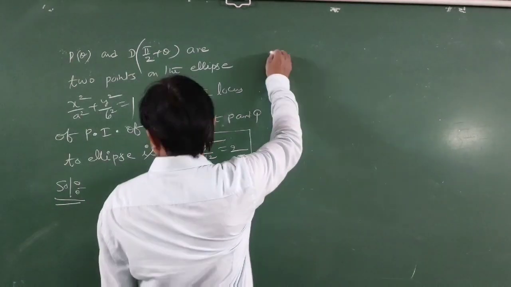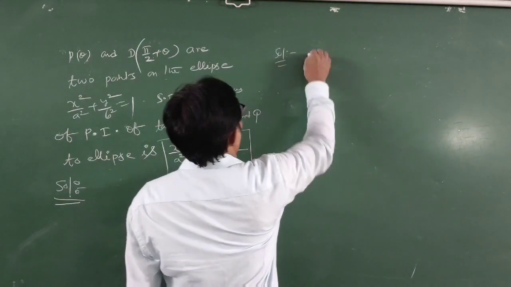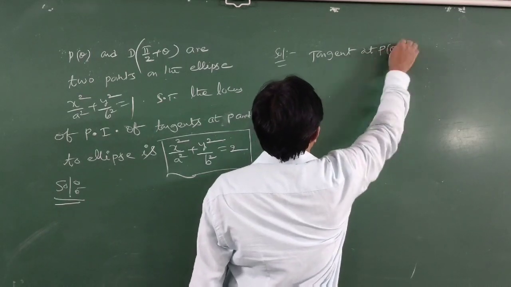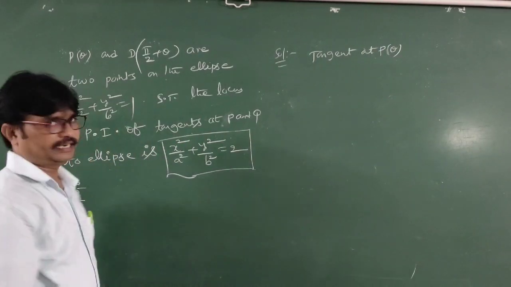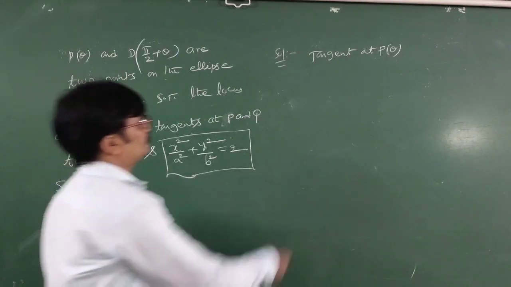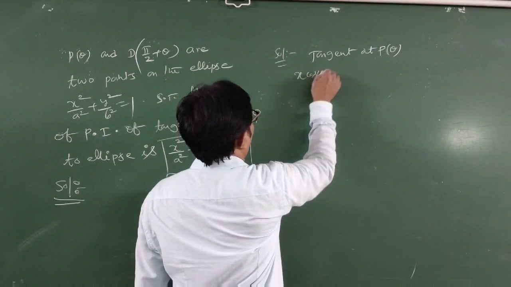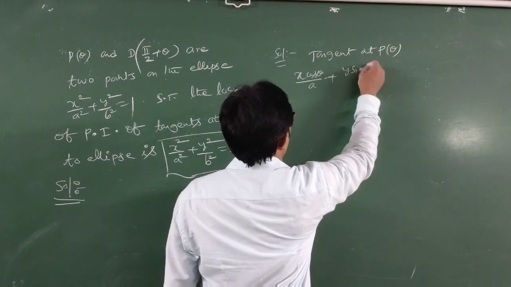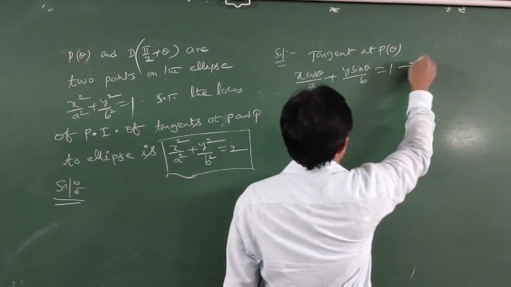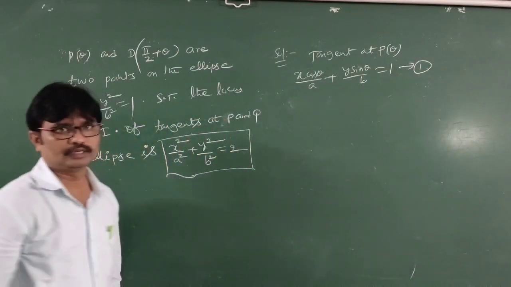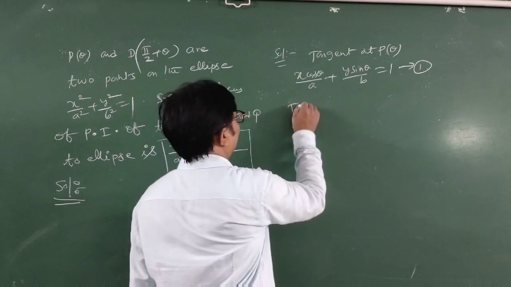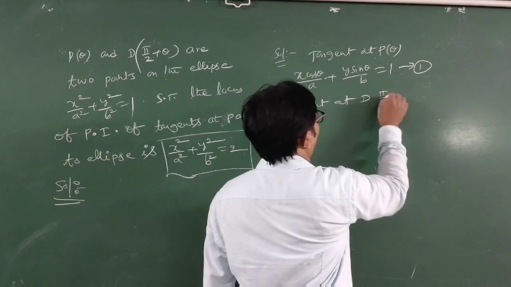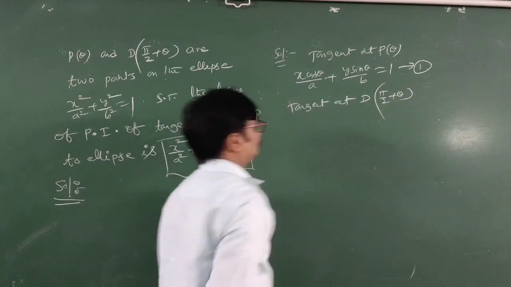Tangent at theta, dear students, tangent at P of theta to the ellipse is, everybody knows, x cos theta by a plus y sin theta by b equal to 1. Say that equation 1.